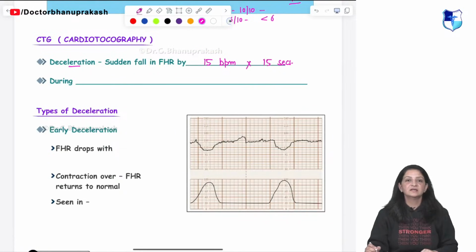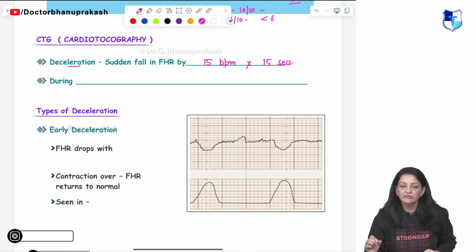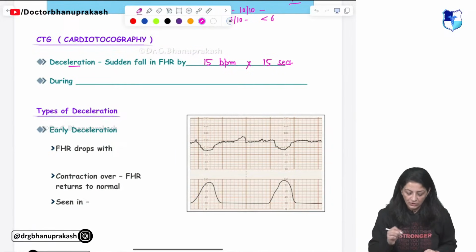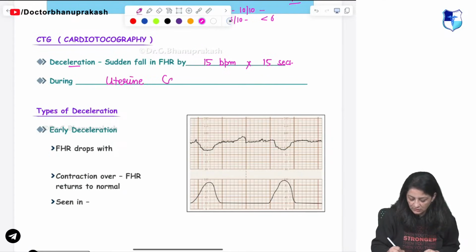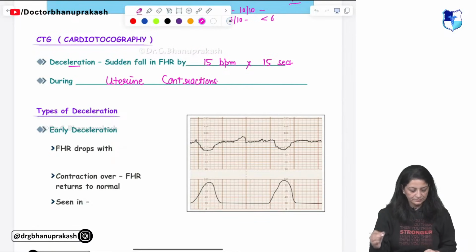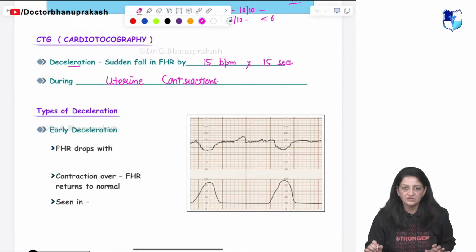This is called deceleration. Clear the meaning of deceleration?